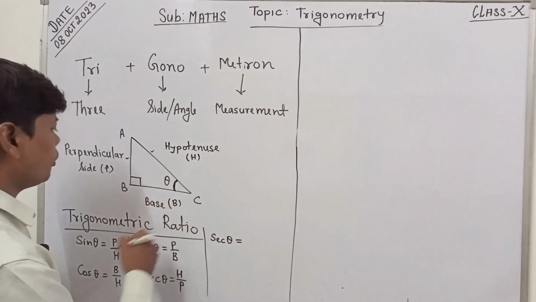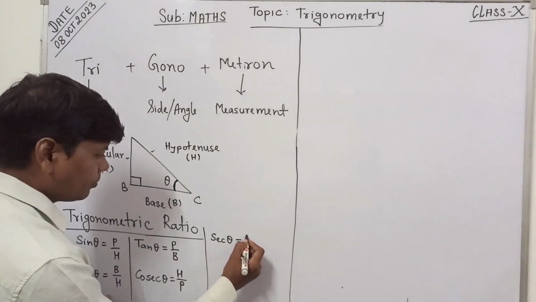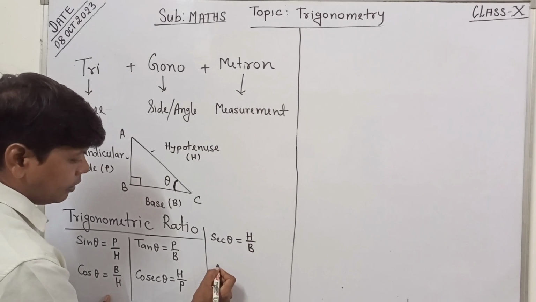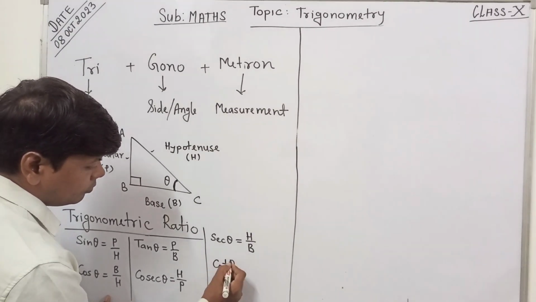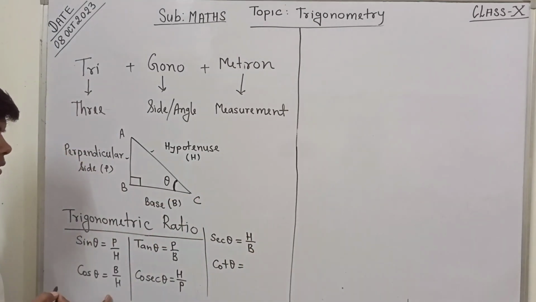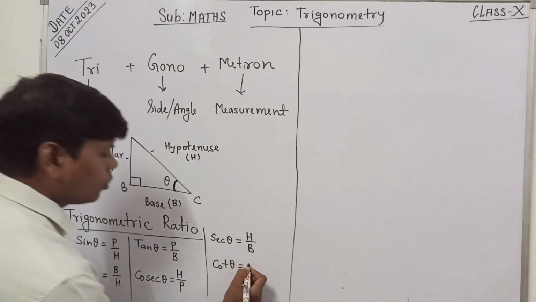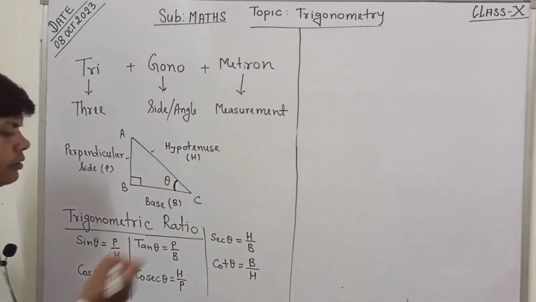Sec theta is the reciprocal of cos theta. Cos theta is B upon H, base upon hypotenuse, so sec theta will be H upon B. And the last one, cot theta. Cot theta is the reciprocal of tan theta. Tan theta is P upon B, so cot theta will be B upon P, base upon perpendicular.